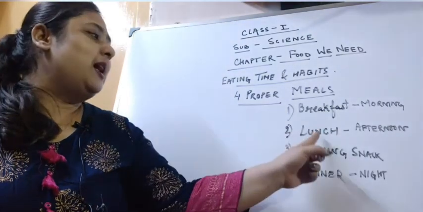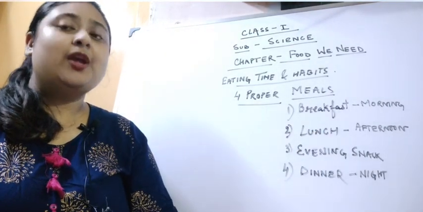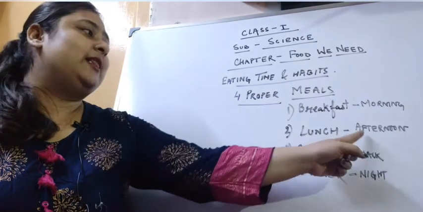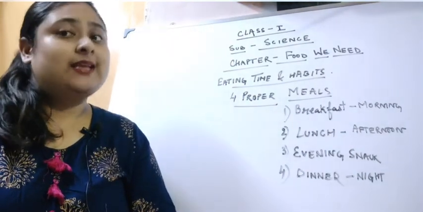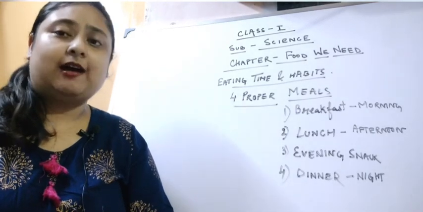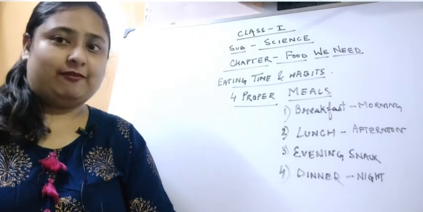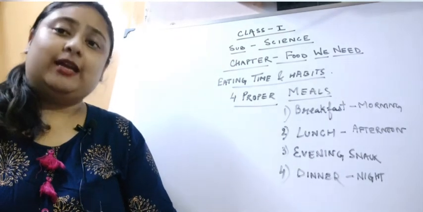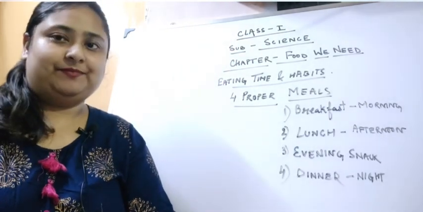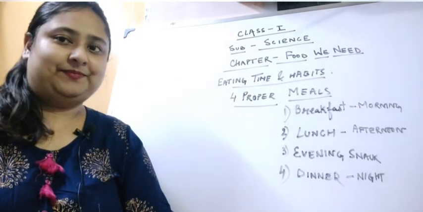Next, lunch. When do we have our lunch, children? We have our lunch in the afternoon. In the afternoon, when we have our lunch, we can have rice, dal, vegetable, chicken, paneer, anything that we wish to have, which is in a good quantity. That is helpful for our health.